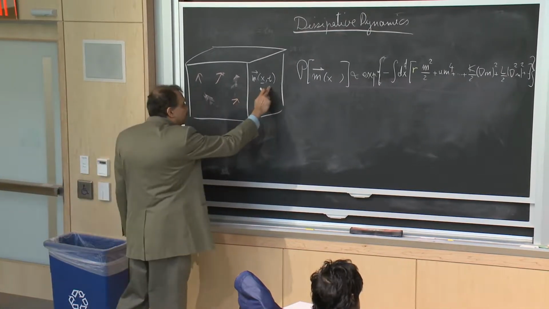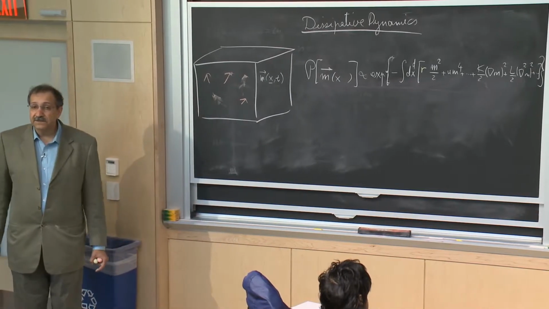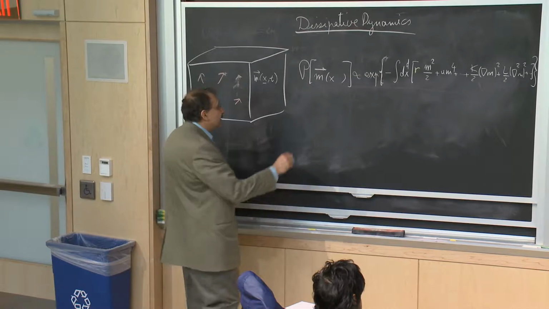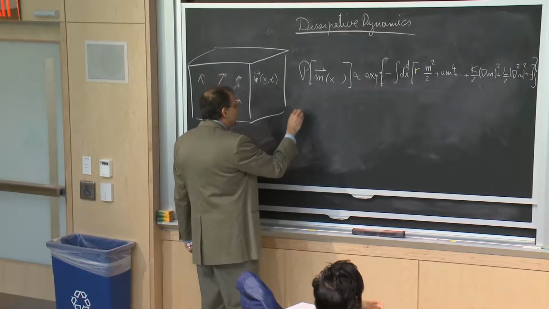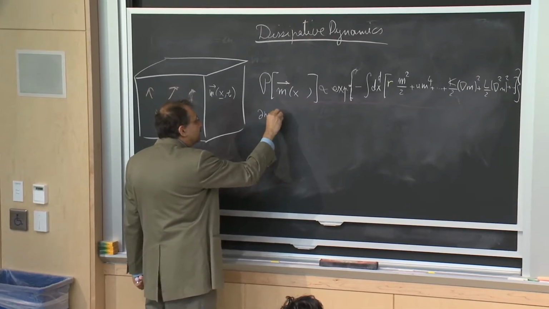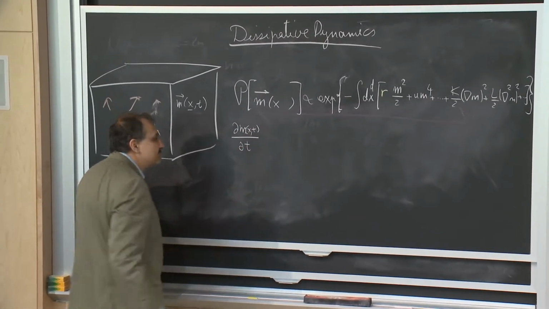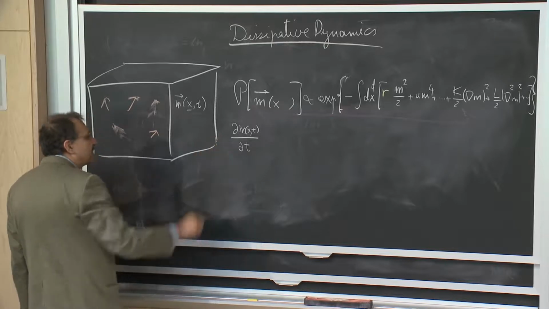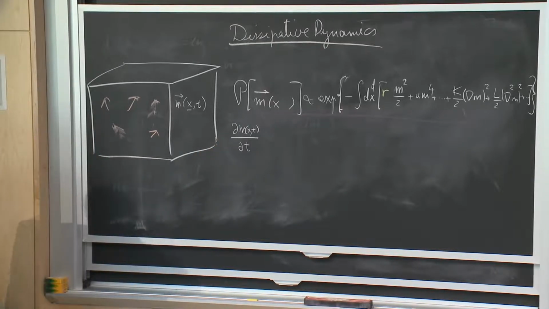So here the variable that is of interest to us is this magnetization that is changing as a function of time. And the equation that we write down is the derivative of this field with respect to time. And again, for the Brownian motion, the velocity was proportional to the force.